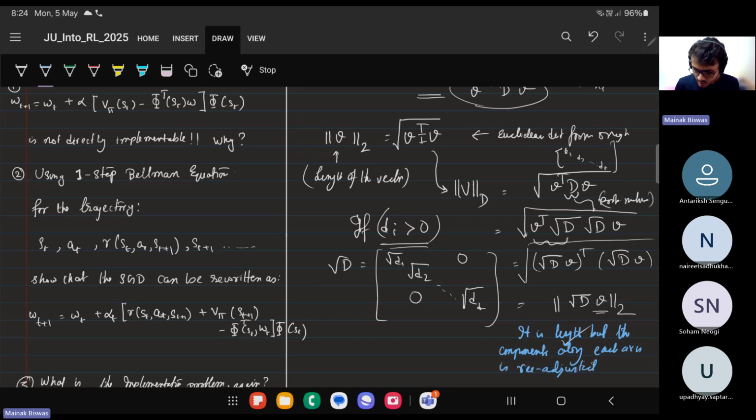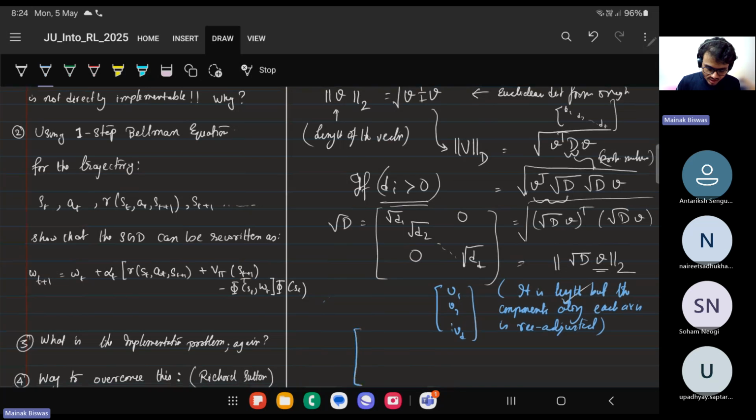If you are wondering why I am saying that, clearly just multiply this with v1, v2, dot, dot, dot, vd. What will you get? You'll get this matrix: d1 times v1, d2 times v2, dot, dot, dot, dd times vd. See, all the components are just readjusted. That's all that is happening.